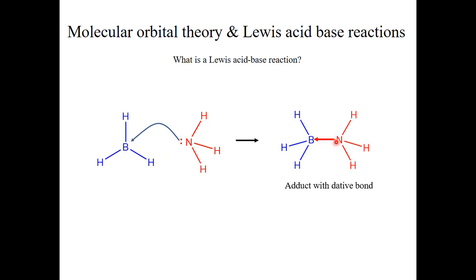We can indicate this by not writing a line, but actually an arrow that would point from the Lewis base to the Lewis acid to indicate that the electrons came from the Lewis base. So the reaction product is often called an adduct from the Lewis acid base reaction.